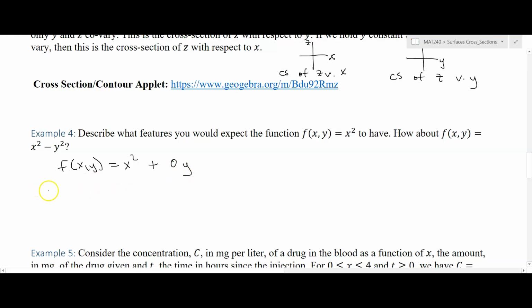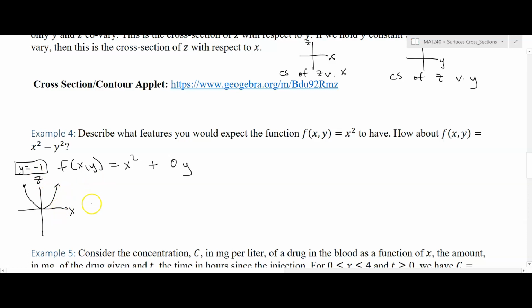So if I look at this for different values, for instance, if I first of all start by looking at z versus x for when y is, say, negative 1, well, again, the value of y does not affect the shape of the graph, so this function will simply be z equals x squared, which is the parabola. It looks like that.